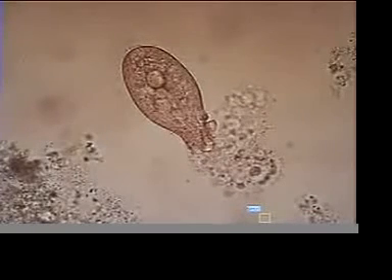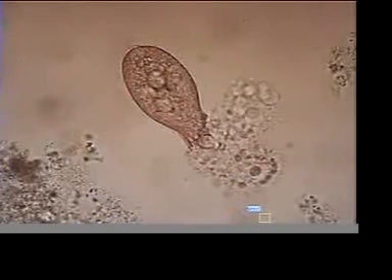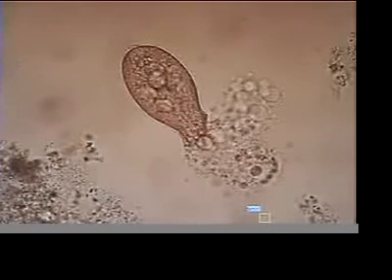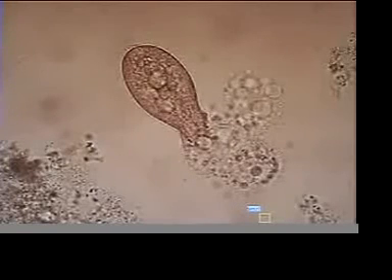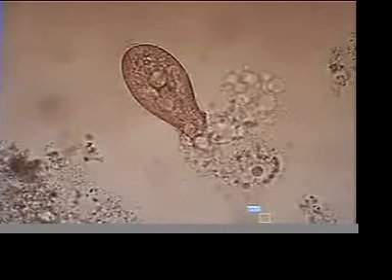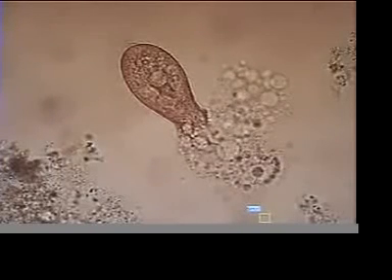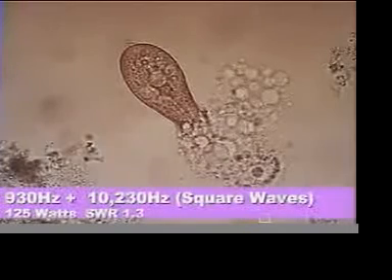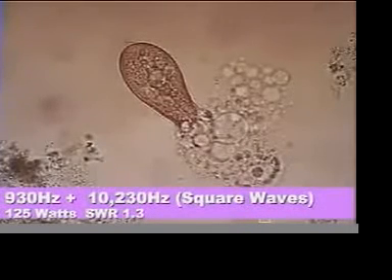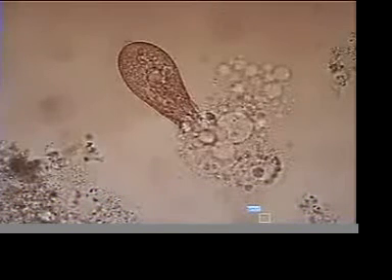Real-time disintegration of a Blepharisma using a long argon neon plasma light, about 18 inches long, 125 watts, SWR 1.3, two frequencies, 930 hertz and 10,230, the 11th harmonic of 930.